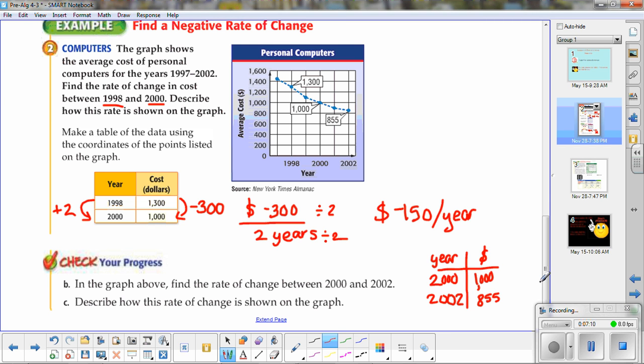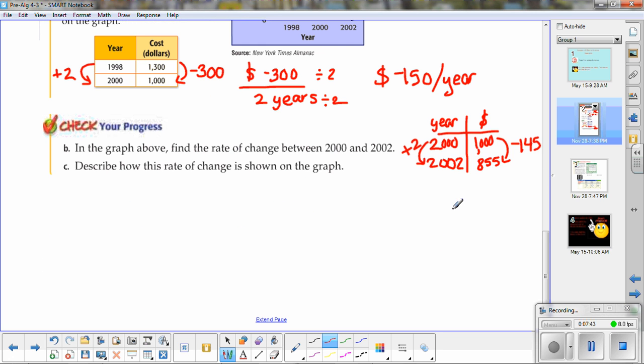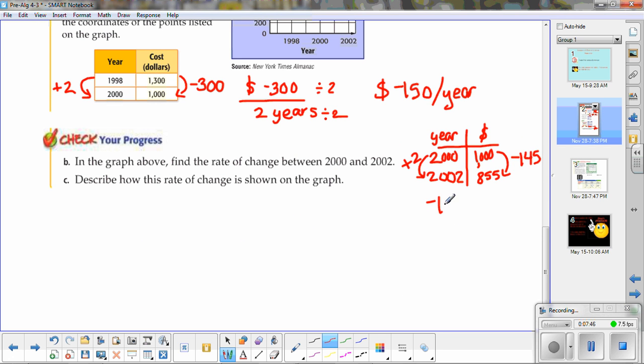So now if we want to find the rate of change between 2000 and 2002, the change in price went from 1,000 to 855. So it went down $145 over the course of 2 years, because from 2000 to 2002 is a span of 2 years. So the rate of change would be negative $145 over 2 years.